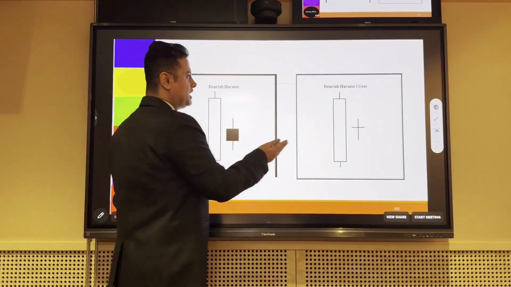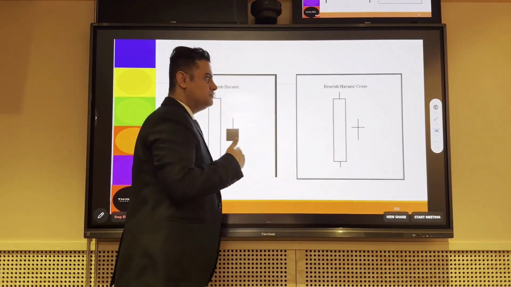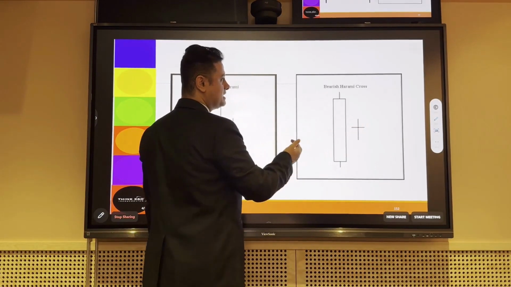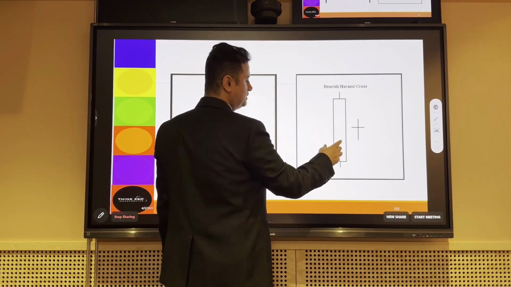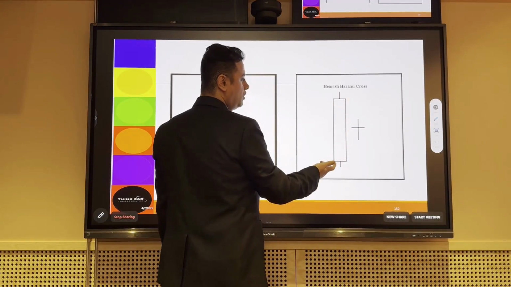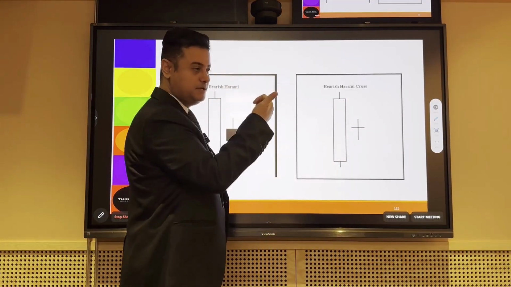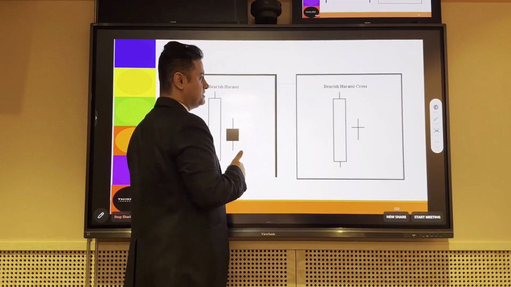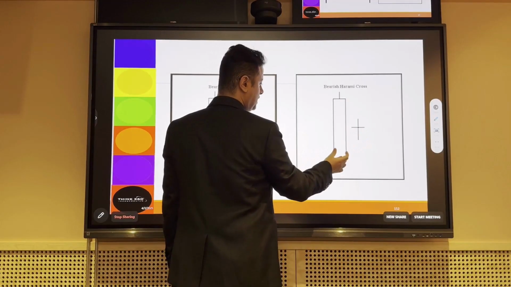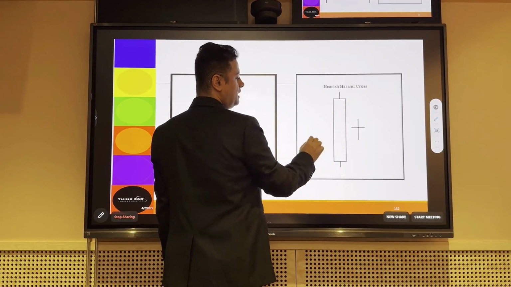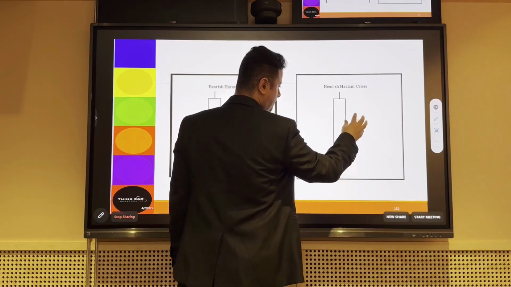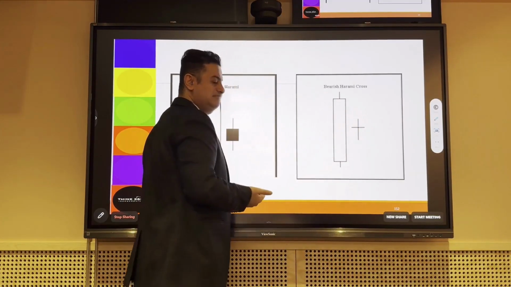However, the bearish Harami cross is exactly like the bullish Harami cross, where your second candlestick is a doji, but with the difference that the first candlestick is a hollow one. Unlike the bullish Harami cross, in the bearish Harami cross pattern, your second candlestick is a doji. The first candlestick is a large and completely hollow one, and the second candlestick is entirely within the schematic representation of the first candlestick.